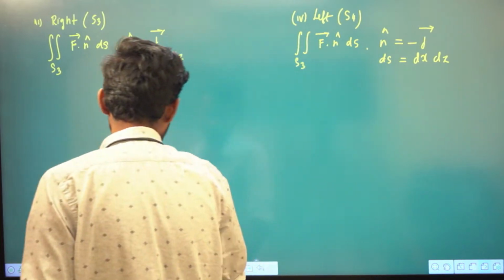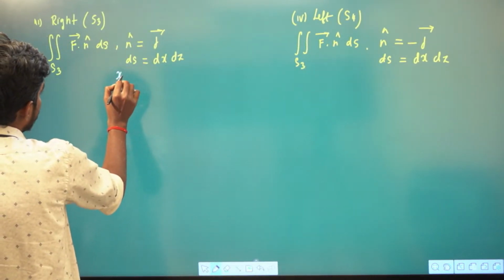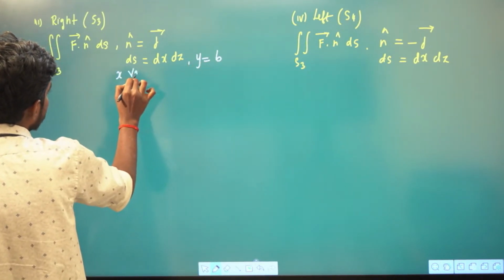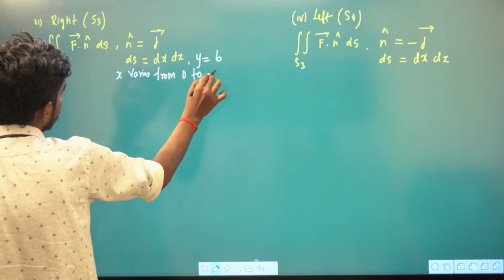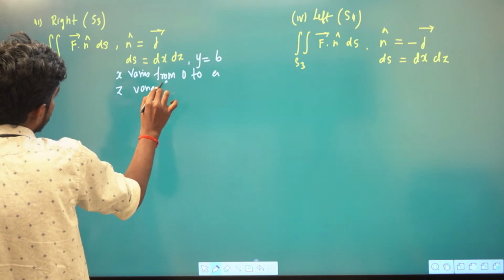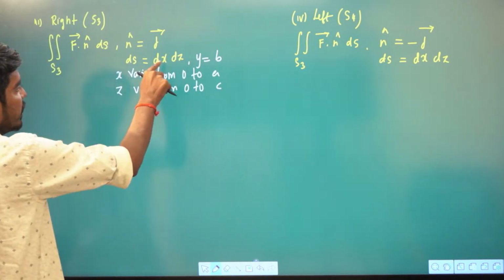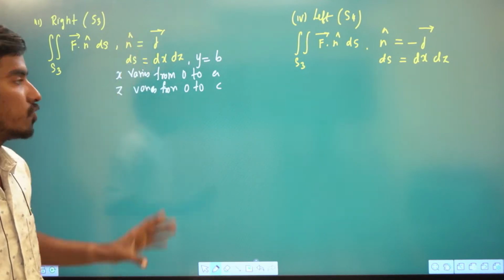You can always refer to the diagram to find limits. It will be easy for you. Whatever you have, dx dz, only x and z will vary. This is a hint for you.